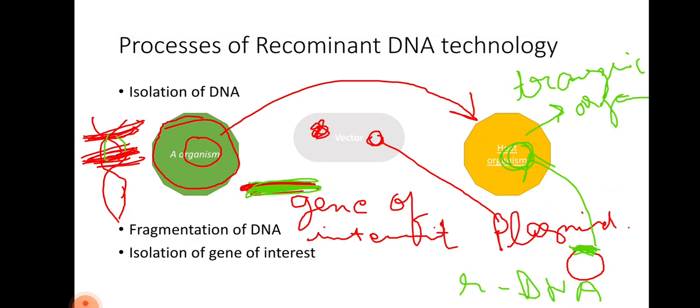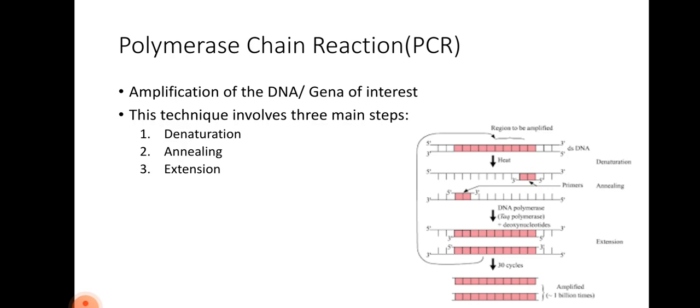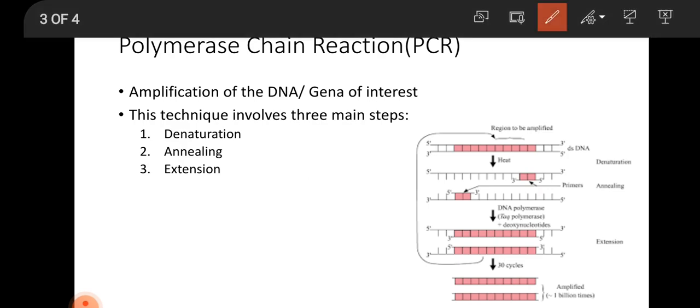So, we discussed this polymerase chain reaction. You can see here, we use this technique for amplification of the gene of interest. So, there are three main steps. First is denaturation.